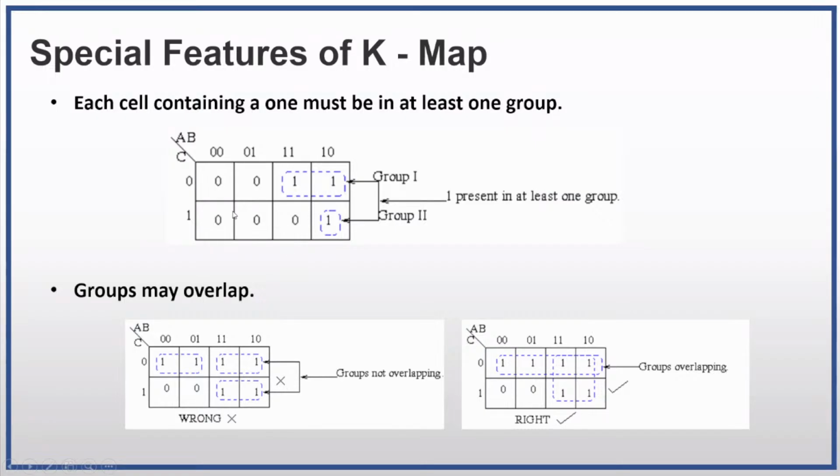So if there is any one, whether it is alone, we have to select it as a group, even a group with one cell. Actually, now tell me if this grouping is correct. Is the way this grouping has been done right or wrong? Please tell me.